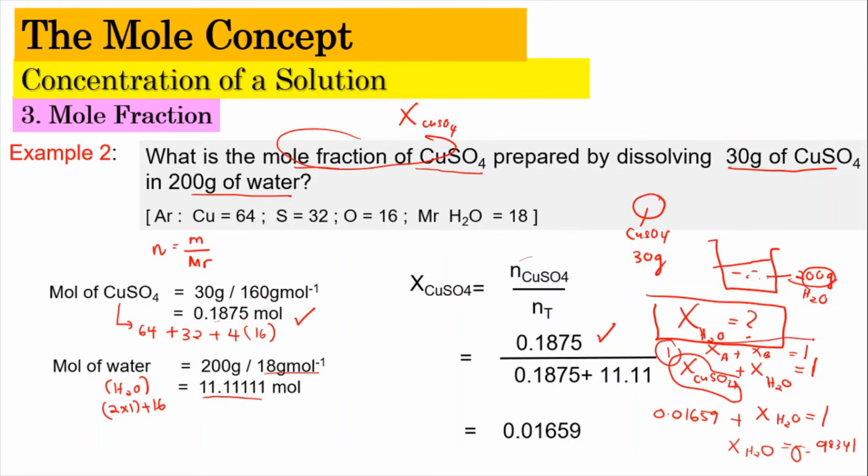You can use this expression, or you can also use this second method, where X H2O is equal to n H2O divided by n total. n H2O, you know, is 11.111, divided by the total number of mole here, which is 0.1875 plus 11.11.